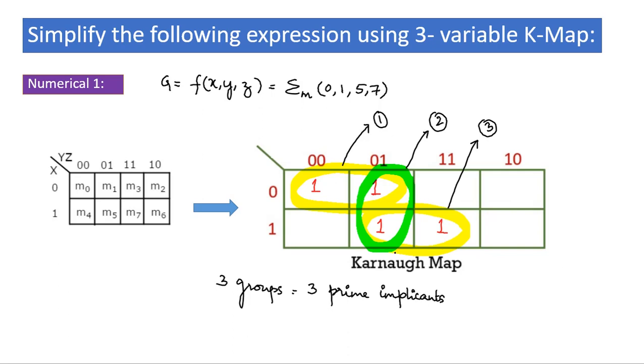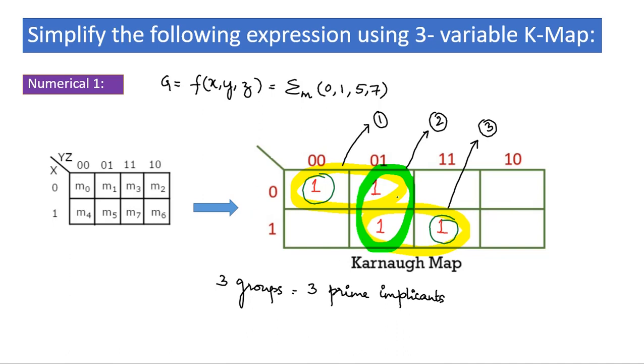Now, to find the essential prime implicants, you need to identify the minterms which are not present in any other group. You have this particular minterm which is not present in any other group, and this particular minterm which is not present in any other group.